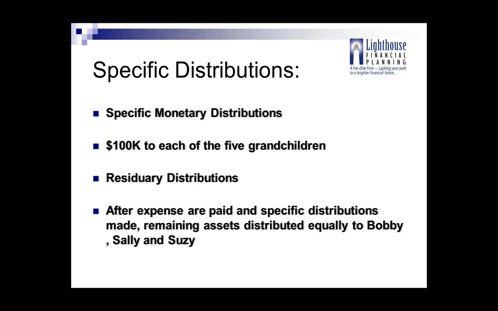Now, just a word of caution to anyone on the line who may be thinking about putting together a trust and may want to make some specific bequests to grandchildren or others: be careful that you don't make so many specific bequests that there's nothing remaining in the residuary for the other beneficiaries. In this situation, we have $100,000 to 5 grandchildren and a $3 million estate. There's plenty of assets to pay the administrative expenses and for Sally, Bobby, and Susie to take home at the end of the day.